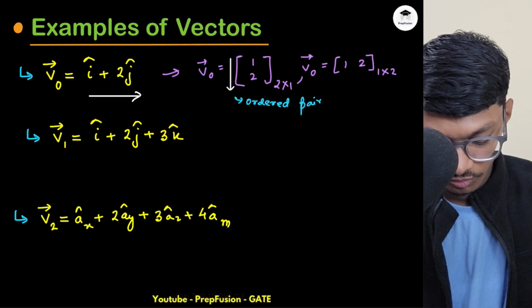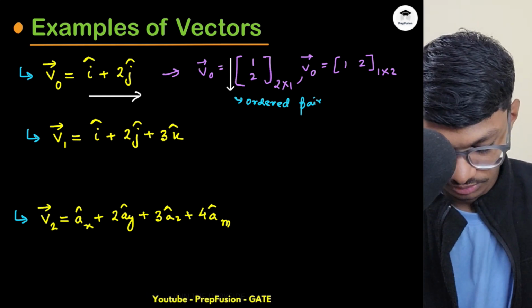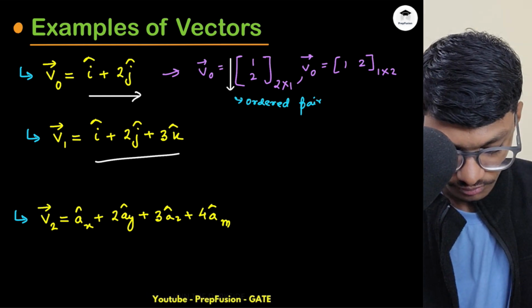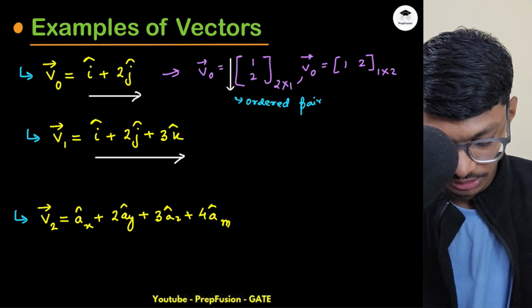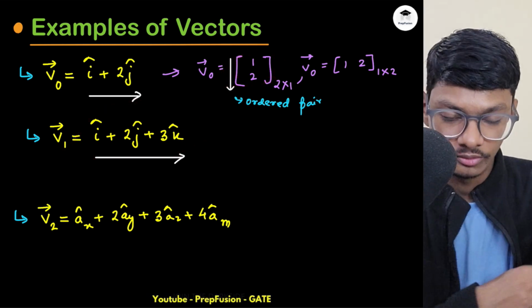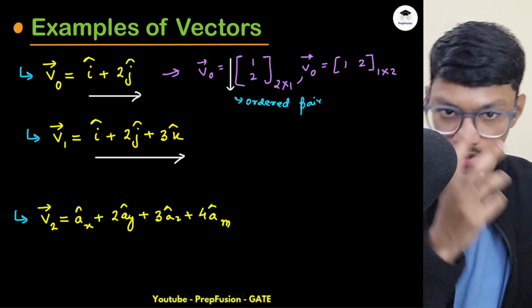Okay, now how will I define this one? So this is in 3 dimensions. Here I had 2, right? I will need a 3 cross 1 column matrix.